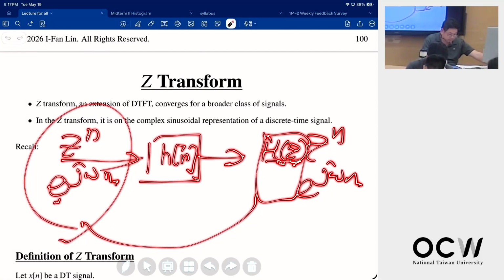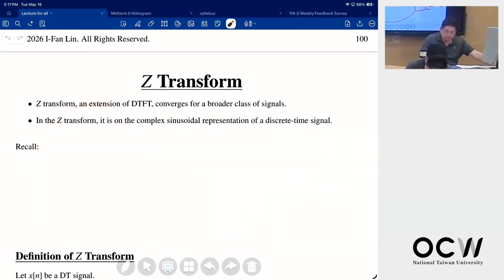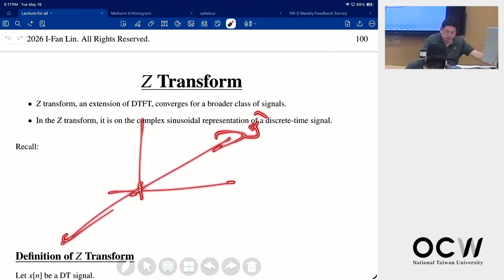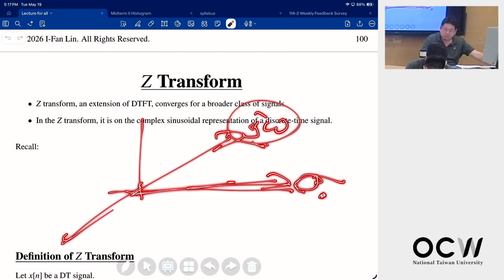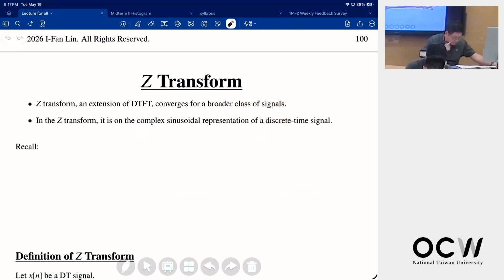Any questions for this? For the Laplace transform, we extend the imaginary axis to the whole S-plane because we have sigma, the real part. How about the Z transform? If I plot, then we can plot that next week.